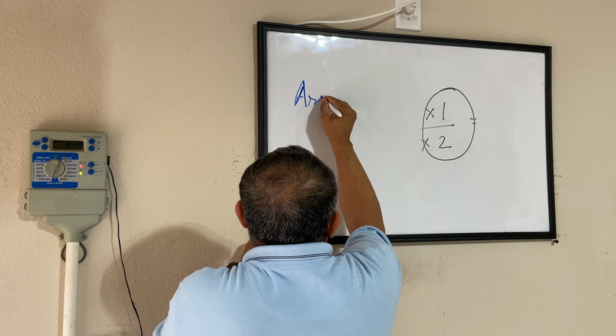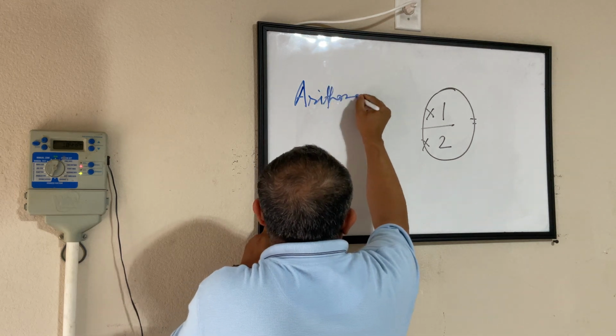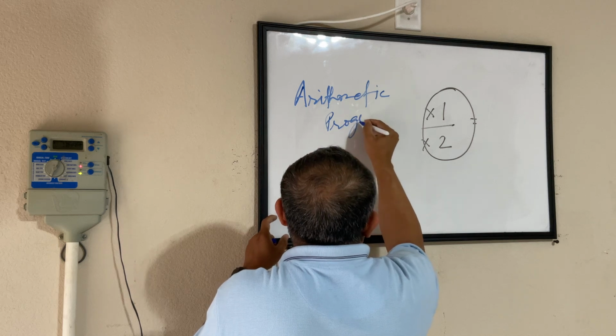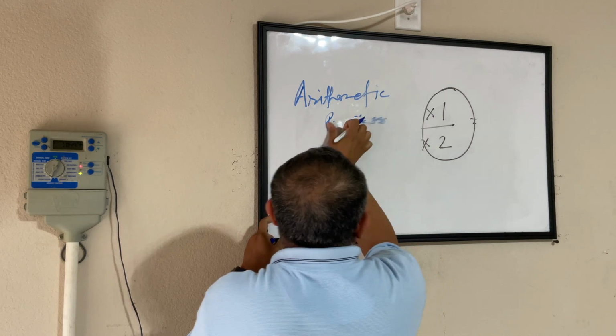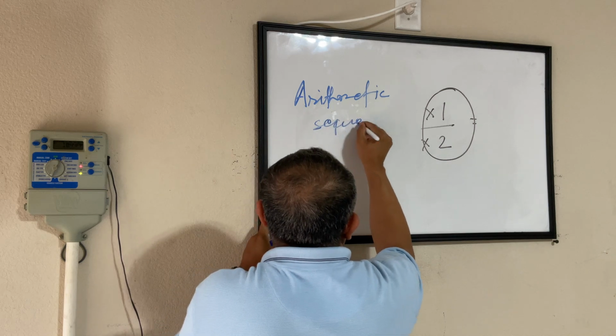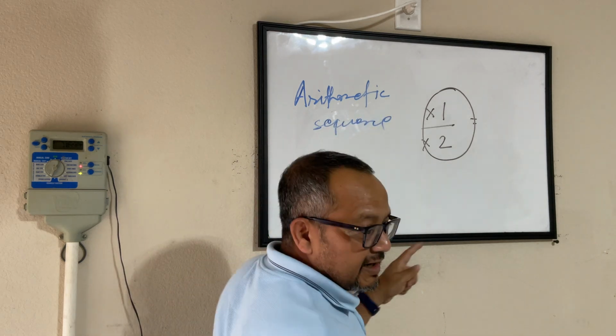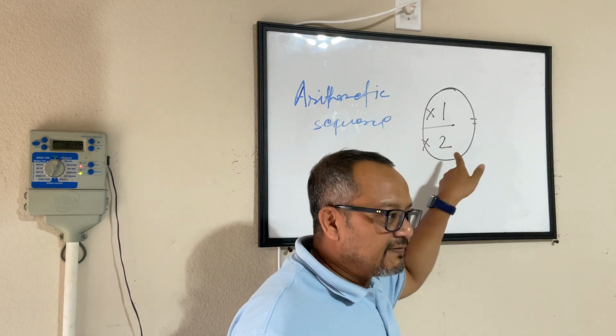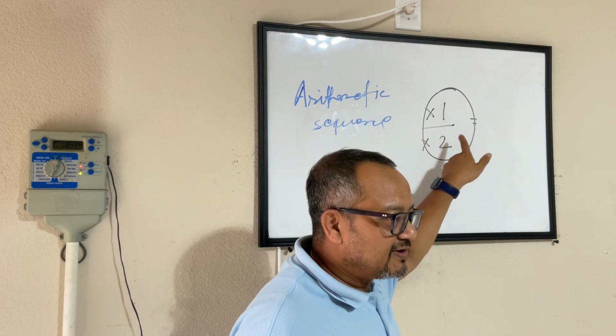Let's look at what is called arithmetic progression, or let's not call it progression, I'll call it sequence. On purpose I have colored part of the board where I will not be writing, because this is where you see the reflection.